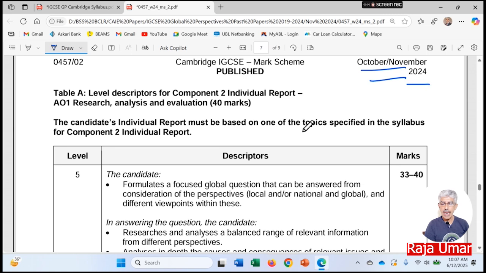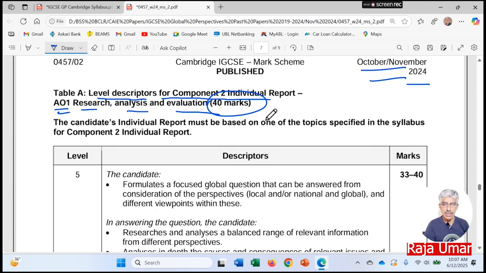Table A, level descriptors for component 2 individual report: assessment objective 1, research, analysis and evaluation, will be of 40 marks. As I told you, out of the whole individual report, the 60 marks are distributed like this.